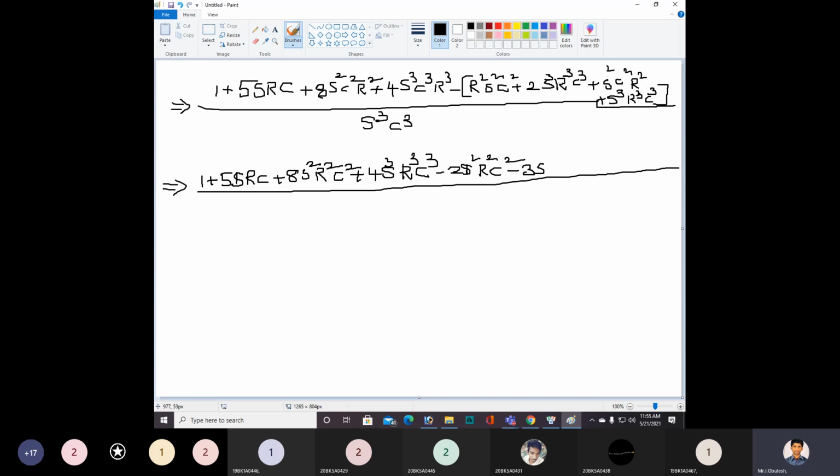See, here we have 2 S cube R cube C cube and S cube R cube C cube, right? So that comes under minus 3 S cube R cube C cube. So these two are R square S square C square, R square S square C square. Those are 2, right? So that only we are simplifying here. Divided by S cube C cube. Okay.